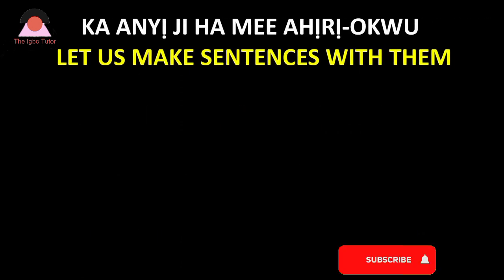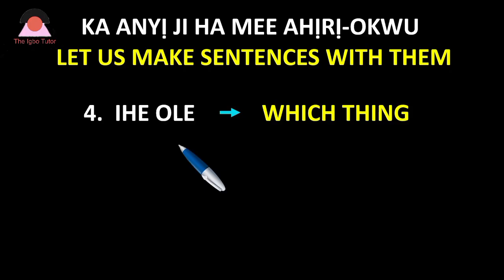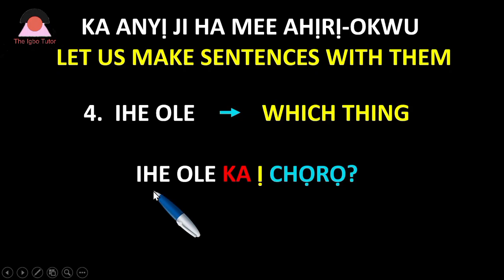We move on to number 4, and we have ihe ole. Some will call it ole ihe. But here we have ihe ole, which thing or what thing, as the case may be. And the sentence goes thus. Ihe ole ka ị chọrọ.